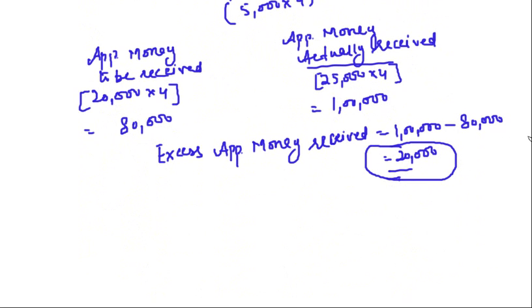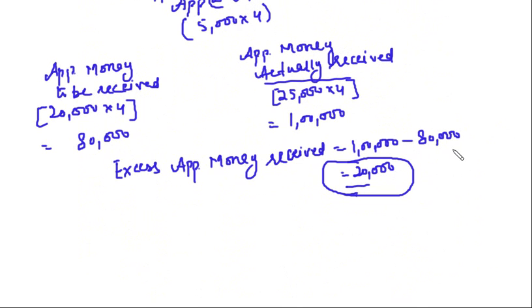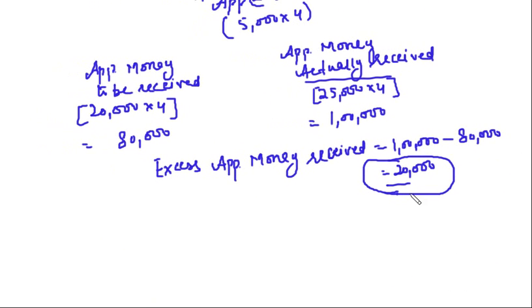In this case, in case of pro rata allotment, what we do is, this excess application money will be adjusted towards further payments.